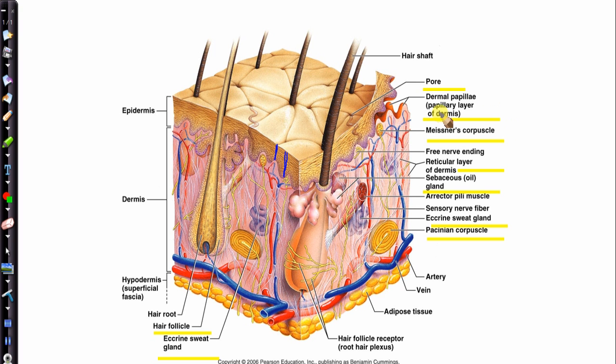It's not drawn really well on here, but the papillary layer is going to be roughly about this much. This will be, again, the papillary layer, and the reticular layer is really most everything else. And again, you can see the size difference. Let's recognize what's here, and then we'll get into what the dermis actually does in terms of its roles.